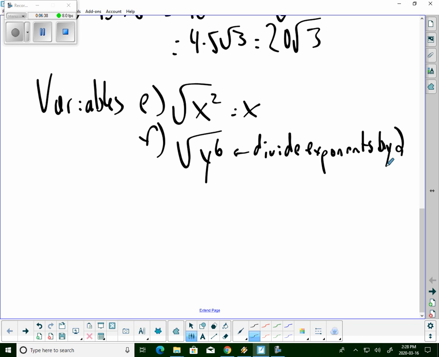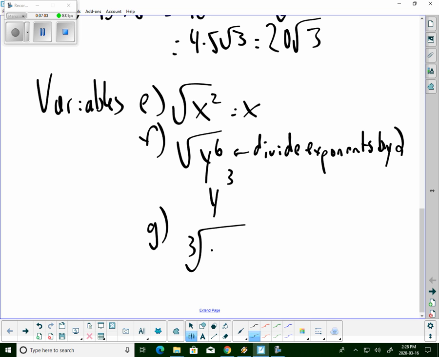Skylar, I'm taking the cube root of something. What do you think we'd divide the exponent by? Okay, good.